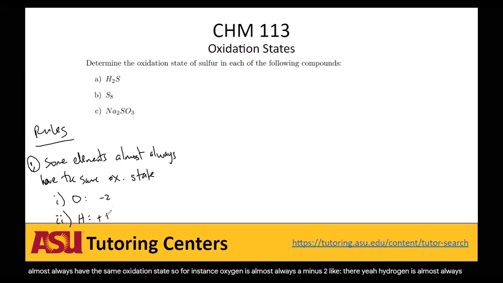Now, it's not a steadfast rule. It's just a good rule of thumb. So hydrogen pretty much always has a +1 unless it's bonded to a metal. If it's bonded to a metal, it has a -1. So it has +1 when it's bonded to a non-metal, and it has a -1 when it's bonded to a metal. In that state, it's called a hydride.